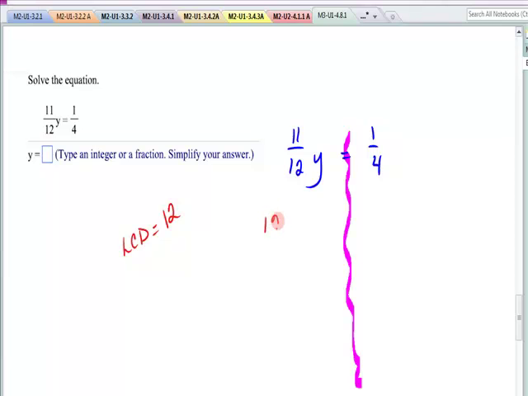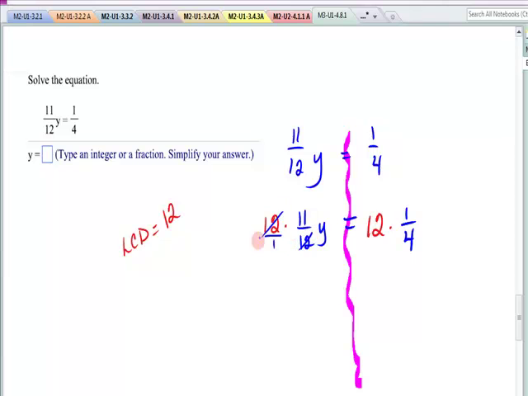So I'm going to multiply 12 times 11/12 y is equal to 12 times 1/4. You get to do this because it's an equation. You can't do this with just an algebraic expression. So then it's the equal sign that gives me that power.